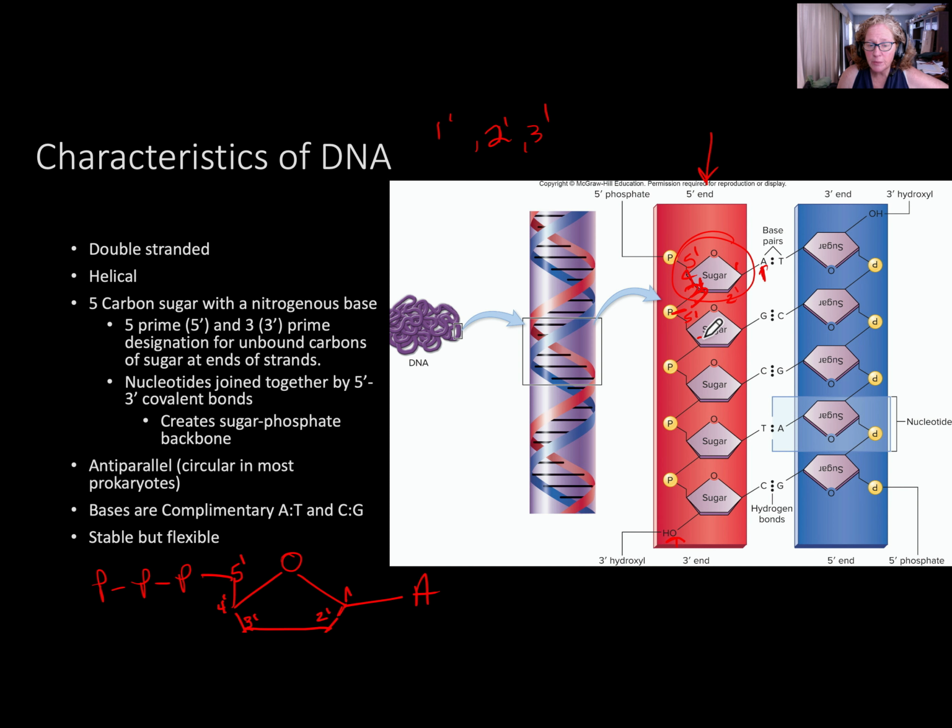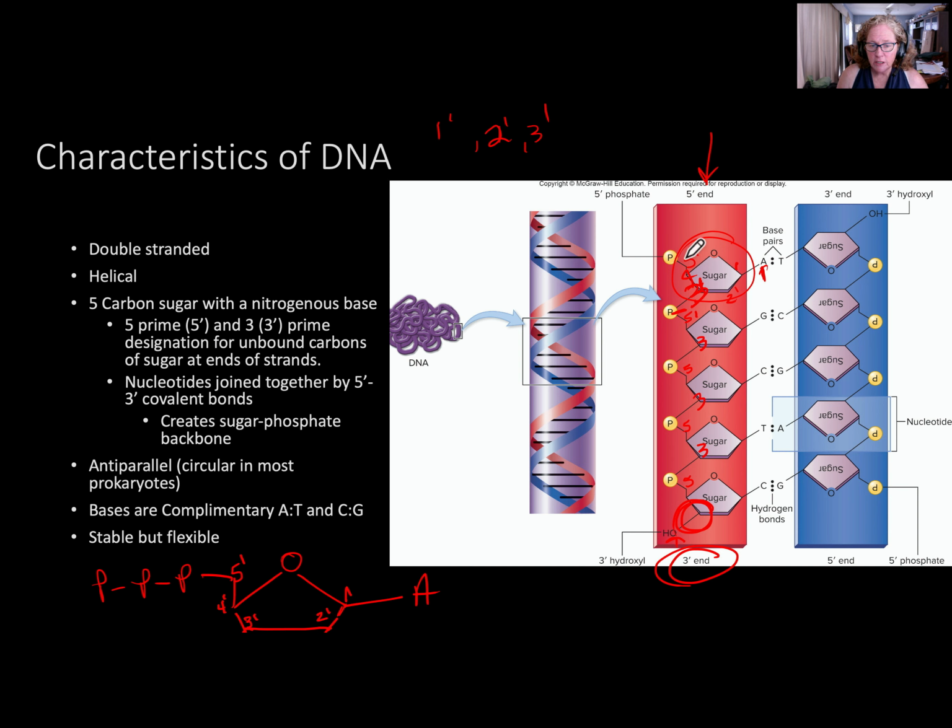That leaves this 3 prime carbon open to bind with the 5 prime on the next one, the 3 to bind to the 5, and then this is the end of my molecule. Since this 3 prime carbon is not bound to an incoming sugar, that's the end of the molecule, and this is referred to as the 3 prime end of this DNA sequence.